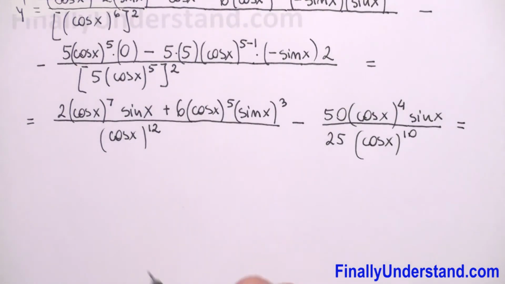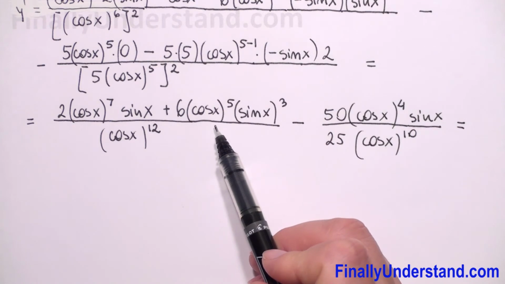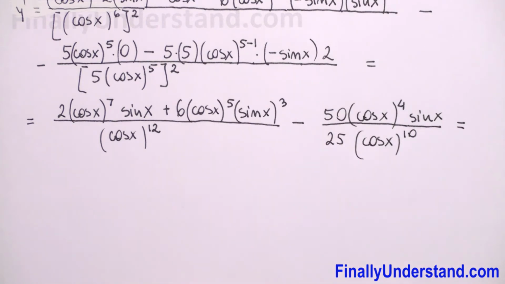Now we can factorize in the numerator of the first expression cosine of x to power 5.